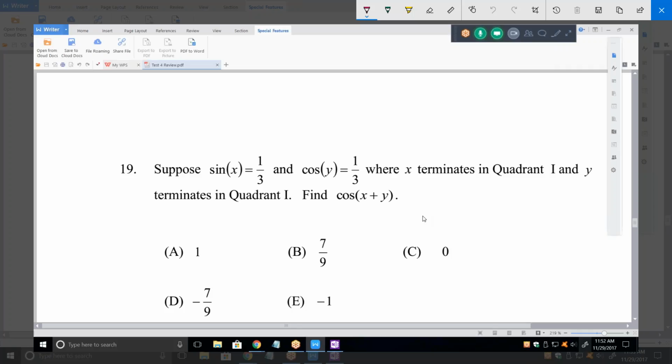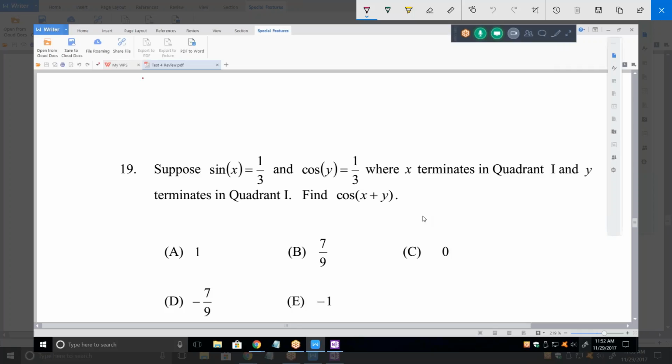The procedure doesn't change. Tell me what I need to do. What's always the first step in these kind of problems? Draw. Yeah, we draw the triangle.